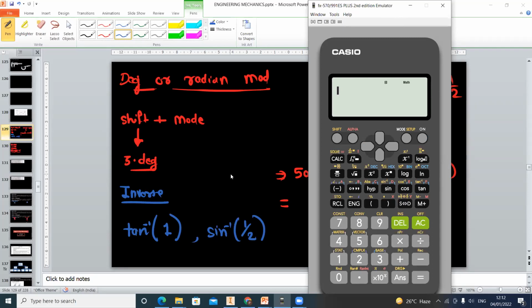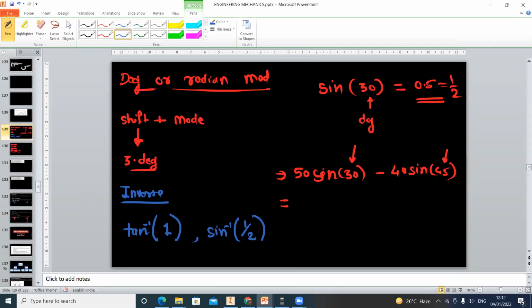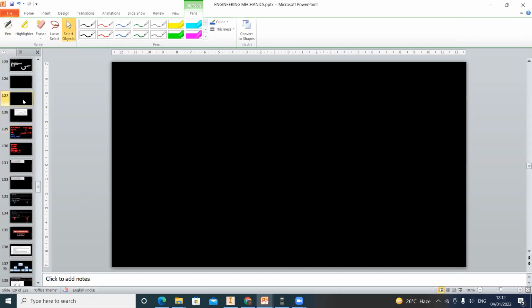Suppose you want to enter some value which is in terms of power of 10, for example 3.54 into 10 to the power minus 8 upon 25 into 10 to the power 16.